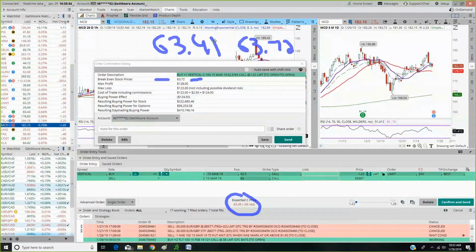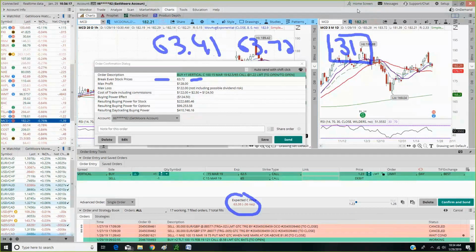If this stock goes up 31 cents, as long as it closes above 63.72 by expiration, 31 cents, I break even. So would you rather buy the call and get crushed by time decay? It has to move, or you do the vertical spread, and if it goes up 31 cents by expiration, I'm going to break even. And all it's got to do is go up $1.75, and I'm going to get 104% return on my money.